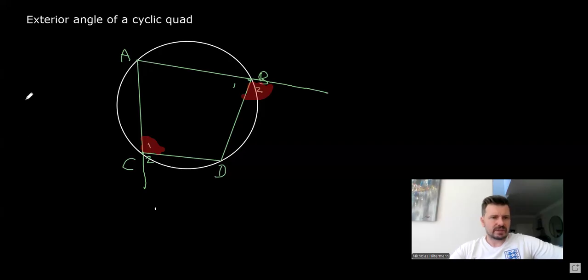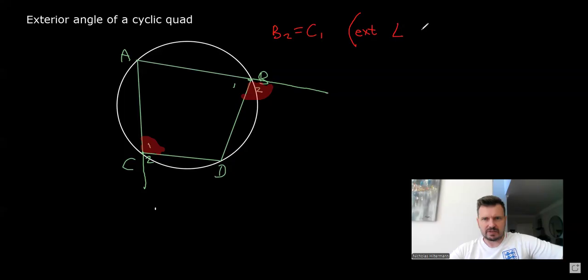So we will say B2 equals C1, exterior angle of a cyclic quad. Yeah, that's perfect. Exactly how the guidelines have it.